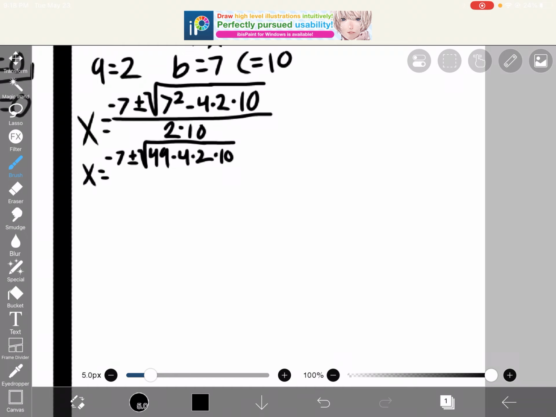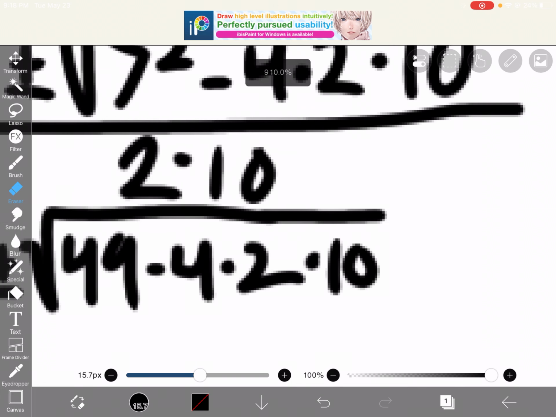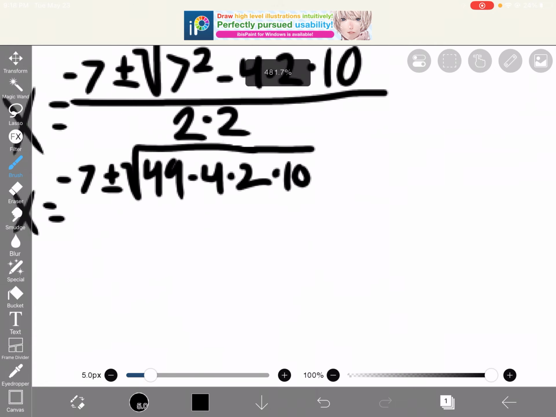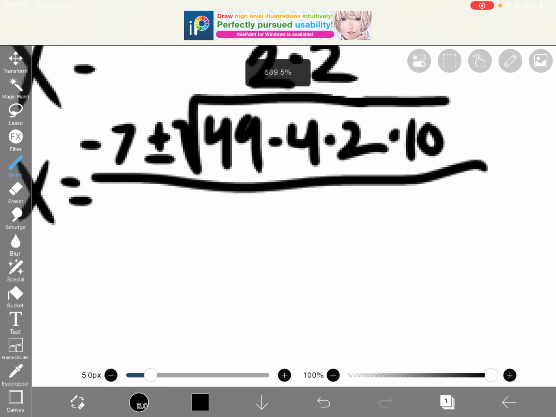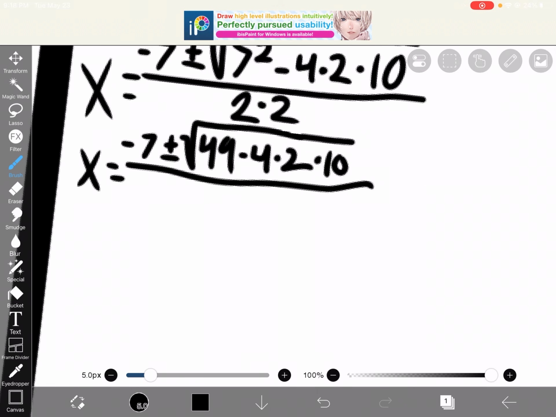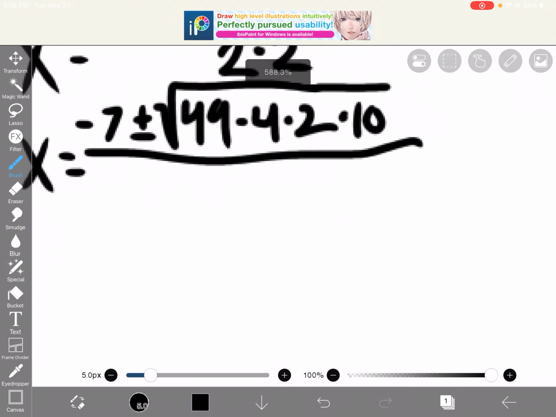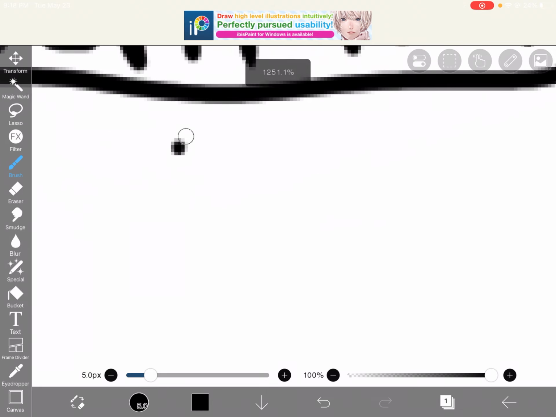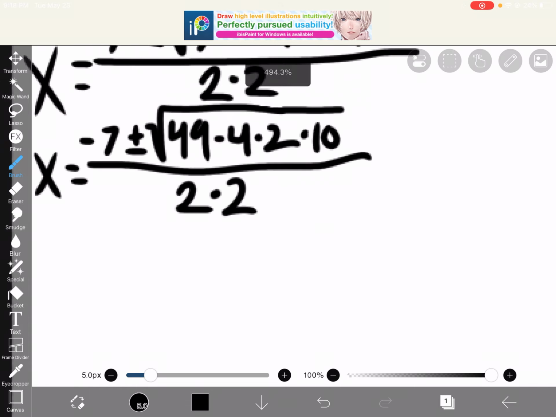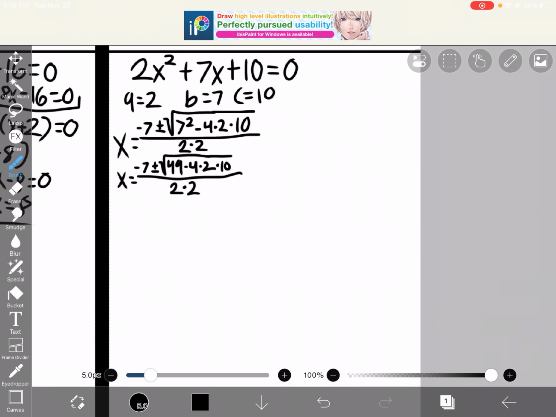Wait, 10 doesn't go at the bottom, I'm sorry. I meant to put a. It'd be 2 times 2, sorry. My mind is just in a rush right now. I keep on making mistakes.